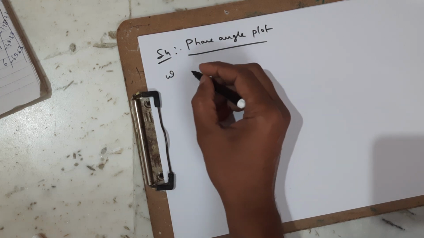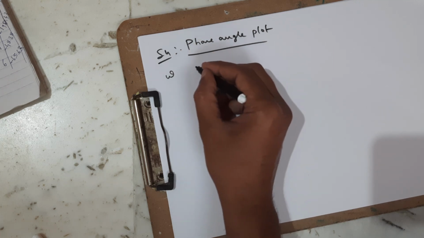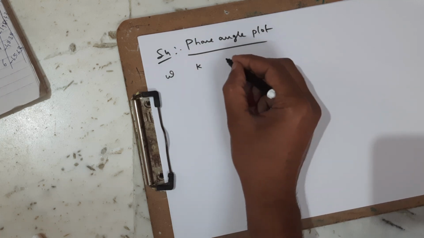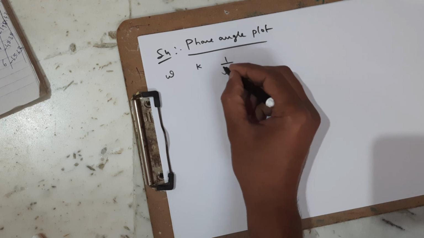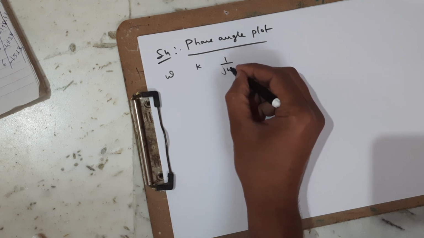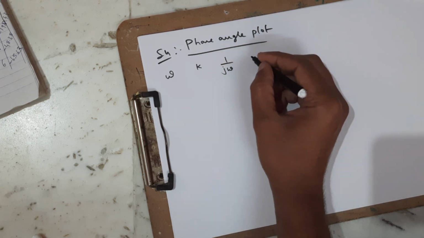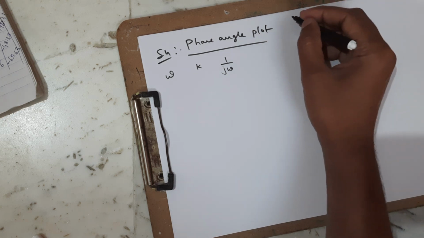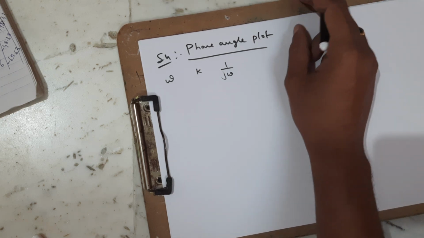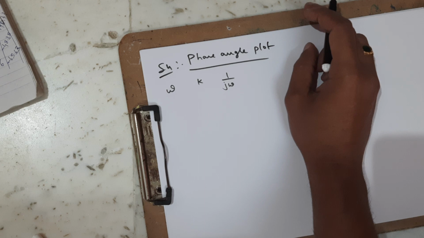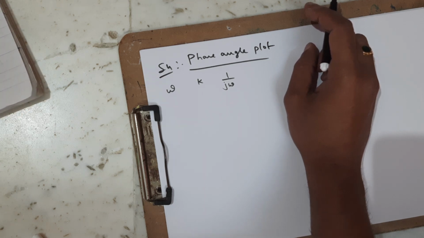So next, we have totally 5 factors. The first factor is k, and we have one simple pole j omega. Next we have the time constant form.